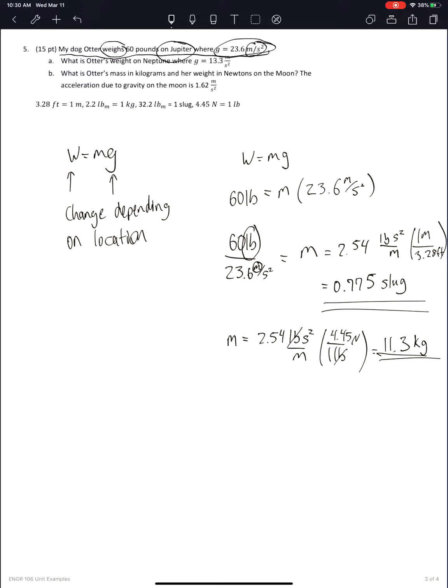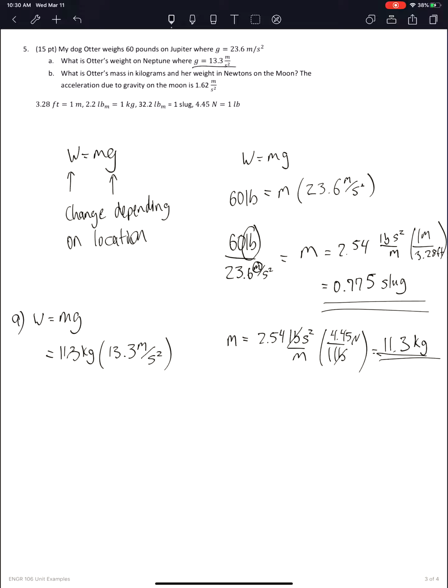All right, I haven't actually answered any of their questions yet. So what is Otter's weight on Neptune, where g is 13.3? Well, I have the mass, so I can do this calculation. W is equal to mg. They give me the acceleration due to gravity in meters, so I think metric is going to be most convenient here. I'm going to therefore write this as 11.3 kilograms times 13.3 meters per second squared.